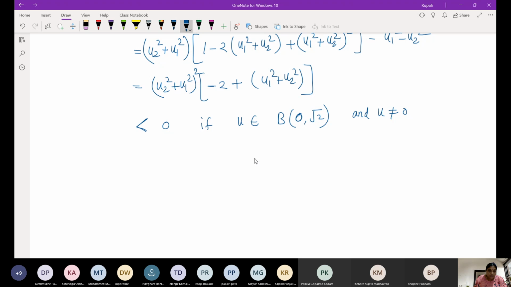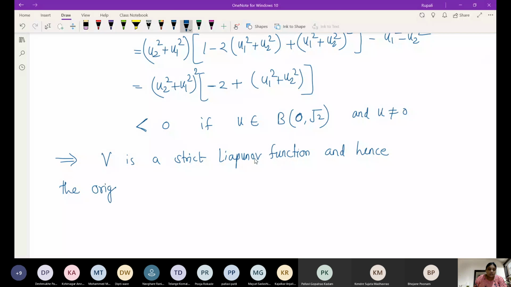So we can say that V is a strict Liapunov function, and hence the origin is asymptotically stable. In this case, it is asymptotically stable.